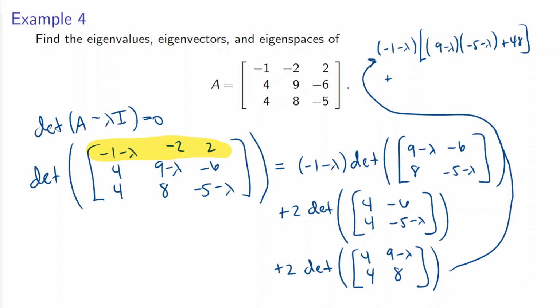Okay, and then a +2 times 4 times -5 minus lambda plus 24, and then a +2 times 32 minus 4 times 9 minus lambda.